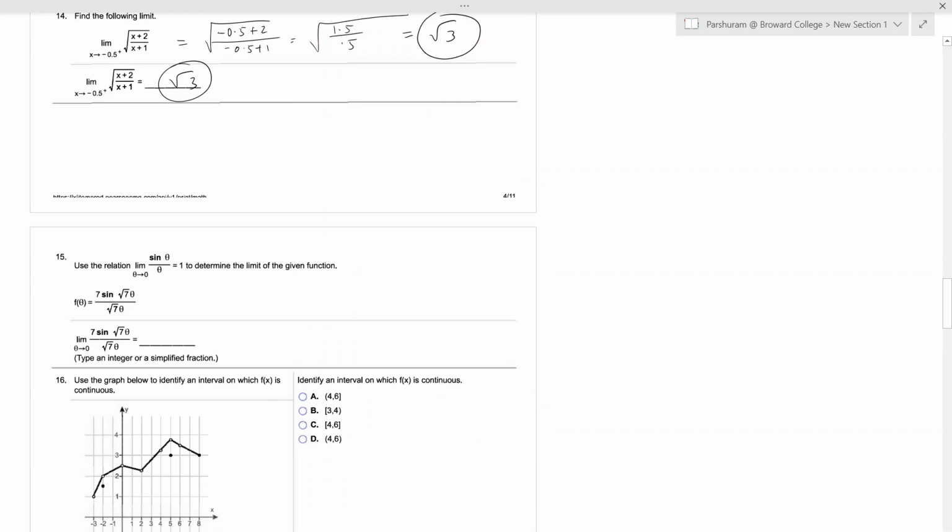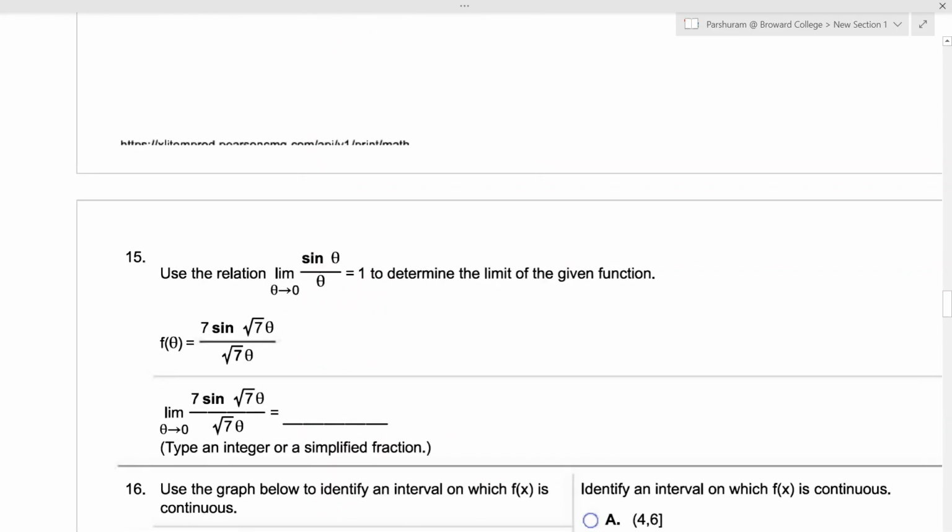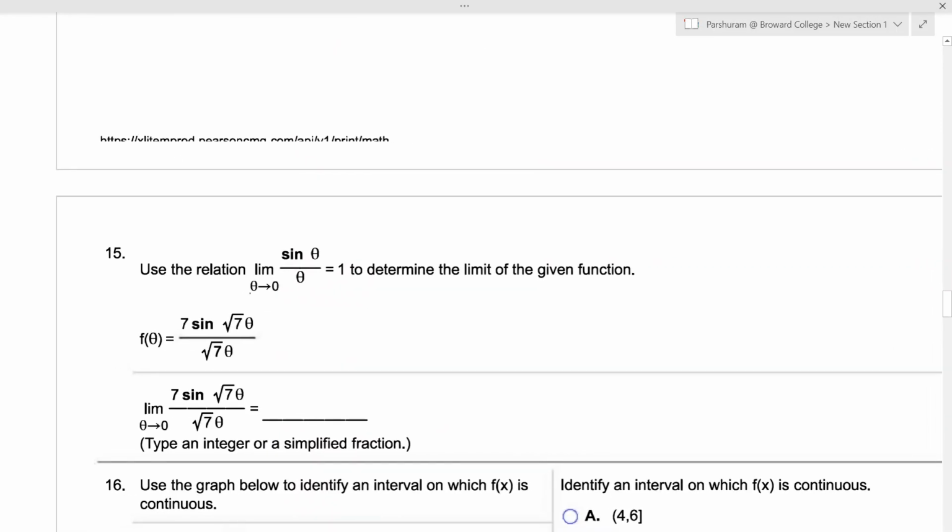Now problem 15. We need to use the limit of sine theta over theta when theta tends to 0 is 1, and find the limit of this expression. So let's say y equals the square root of 7 theta.